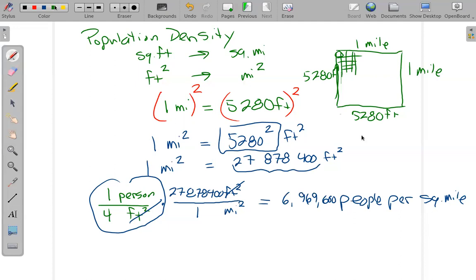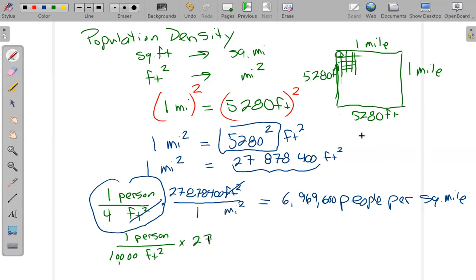The next example had out in a county or a city that's not very populated, that has a lot of area, 1 person per, let's see, it was 100 by 100. So 100 times 100 would be 10,000 square feet. And the same calculation will give us that population density.